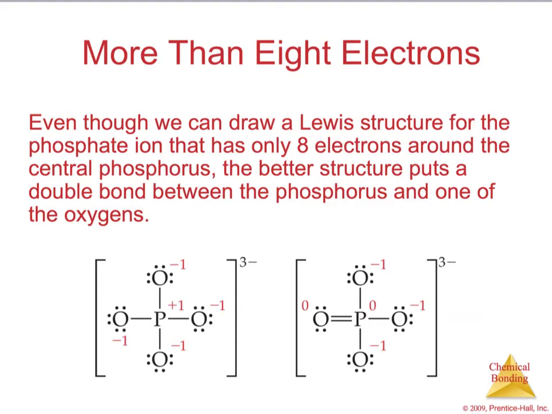However, the better structure will put a double bond between the phosphorus and one of the oxygens. Now, keep note, it doesn't matter which one of these oxygens is taking on that double bond. This right here is just one example of a resonance structure.